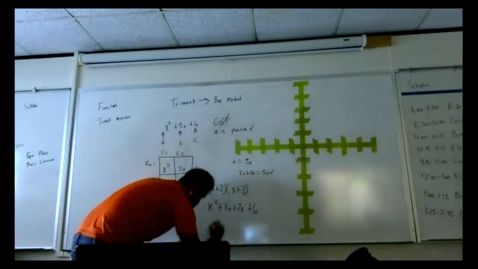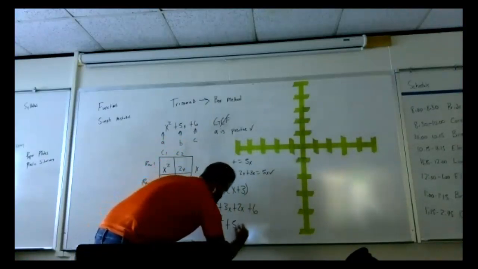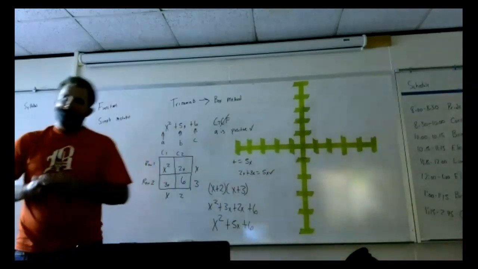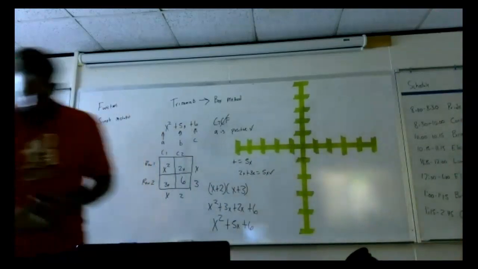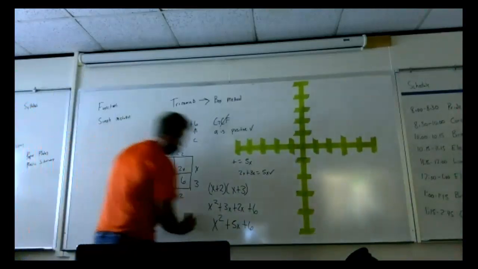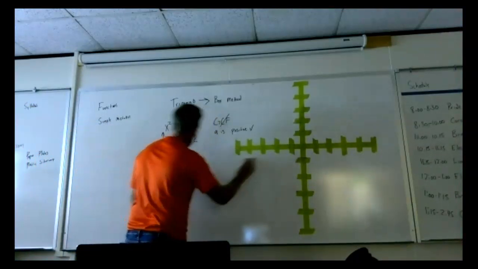If I combine my like terms, you can see that I end up back where I started with x squared plus 5x plus 6. Okay, so that's the first version of your box method to factoring. We're off to example 2, letter B.